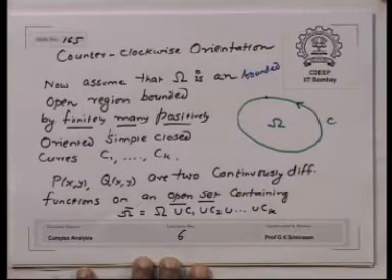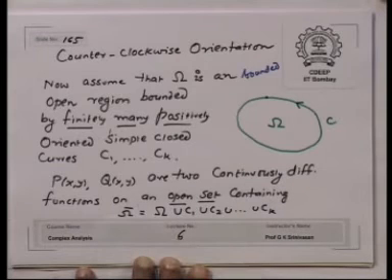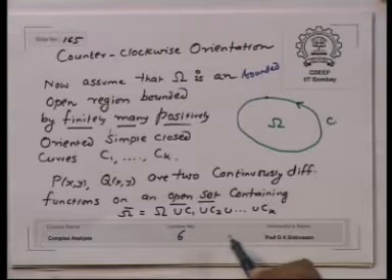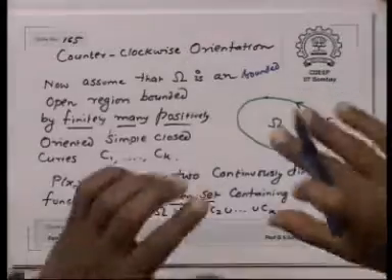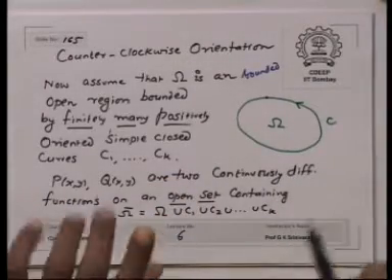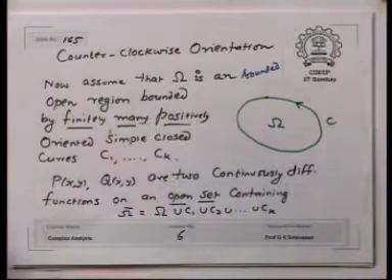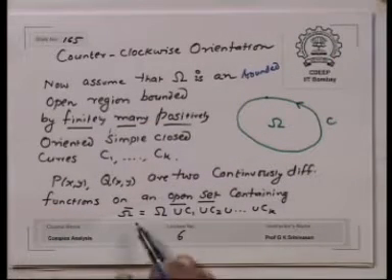Then I will say that P(x,y) and Q(x,y) are two continuously differentiable functions on an open set containing omega union C1 union C2 union Ck. So there is a little more room. It is not like outside C nothing exists. There is an open set containing omega bar.